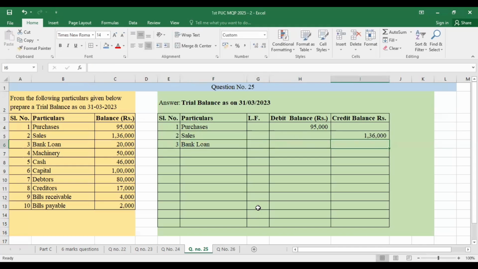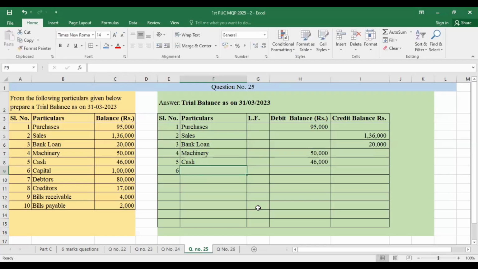So liability shows credit balance, 20,000. Next, machinery is an asset. Asset always shows debit balance. So the amount is 50,000 on the debit column. Then cash. Cash is also an asset which shows debit balance of 46,000.